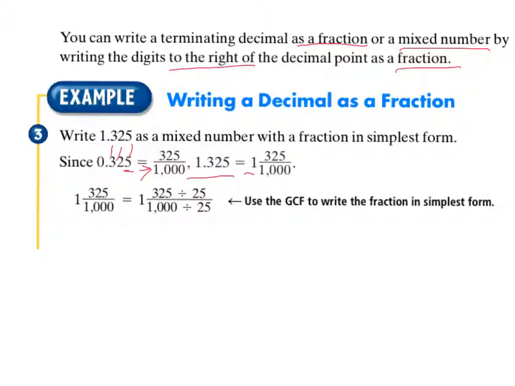So 325 divided by 25 and 1,000 divided by 25 leave me with 1 and 13/40, because 325 divided by 25 is 13 and 1,000 divided by 25 is 40. So my decimal written as a fraction in simplest form is 1 and 13/40.